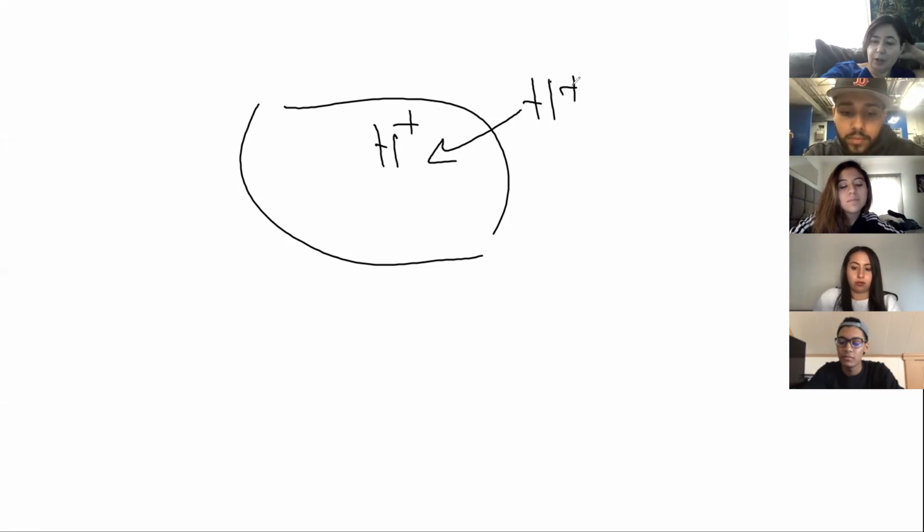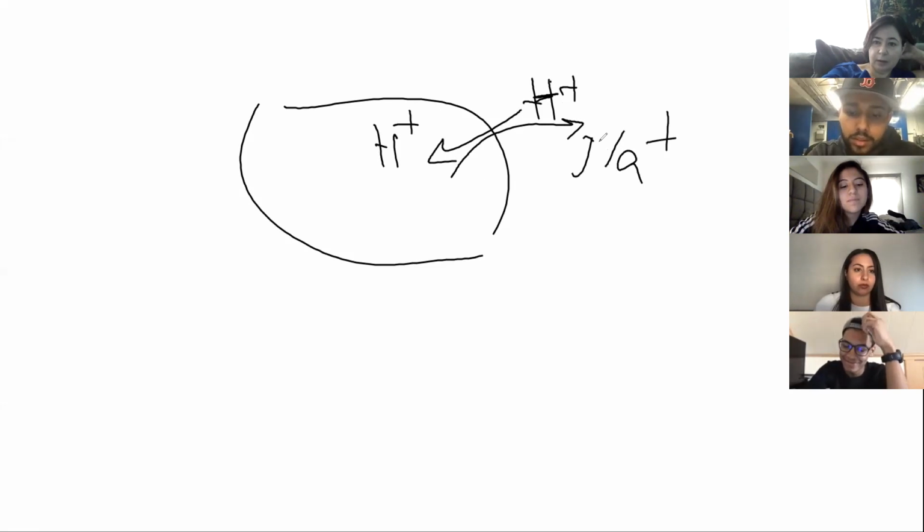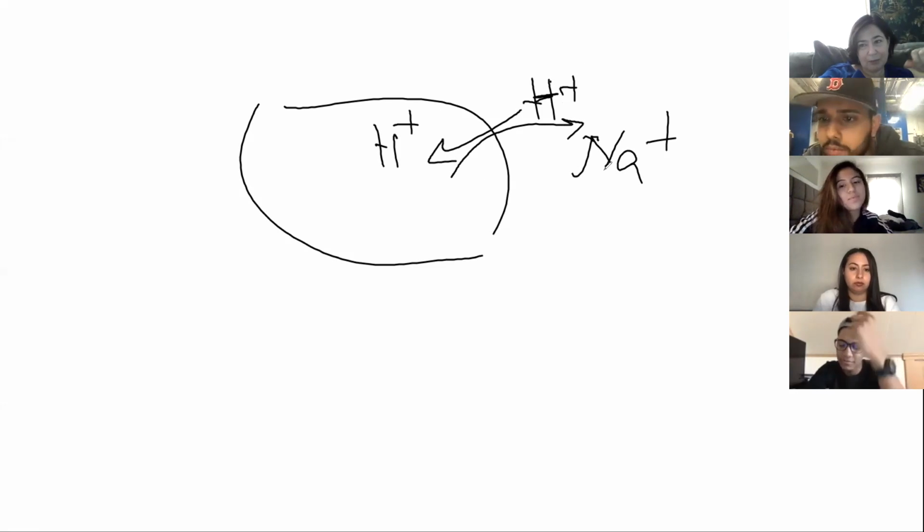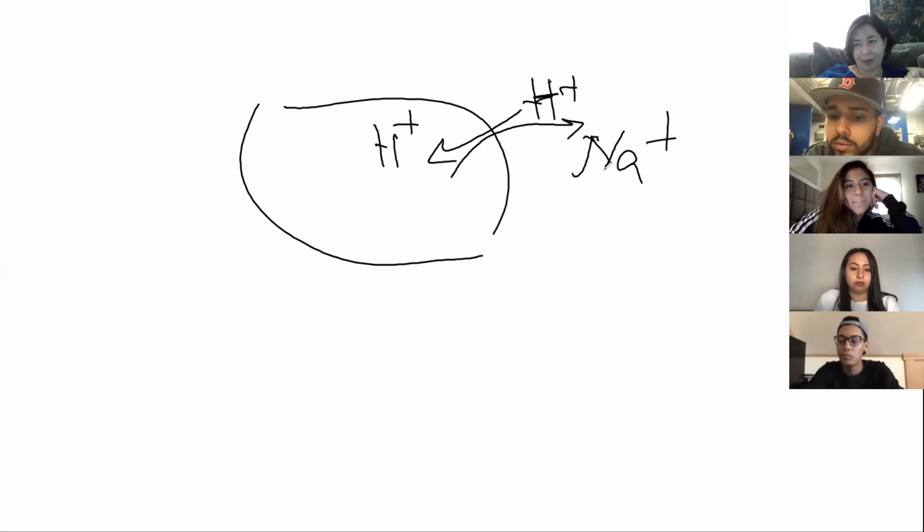So sometimes the energy of this one could be used to move something against its will. It's like when you enter the room to grab somebody and take them out. This is called secondary active transport. It's used through the energy of another molecule.